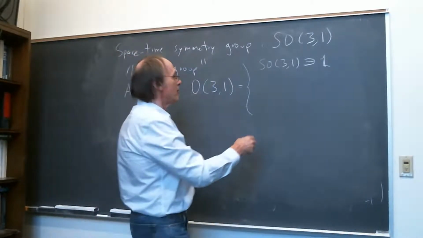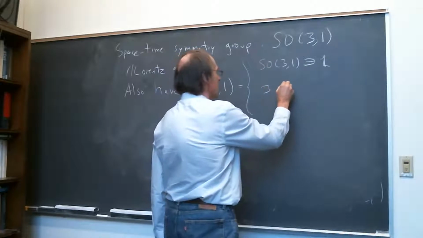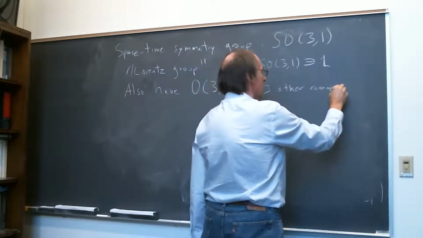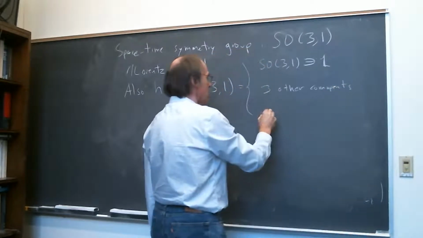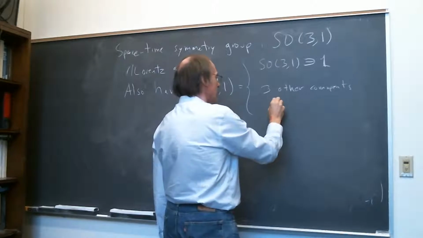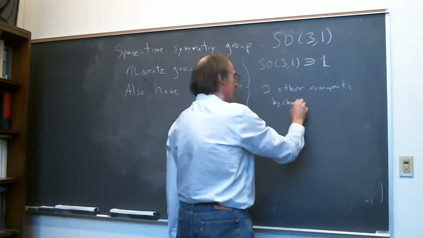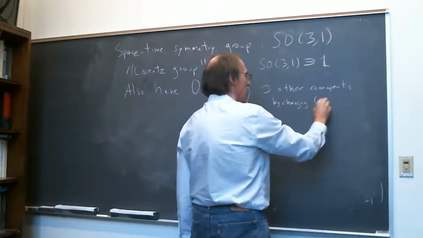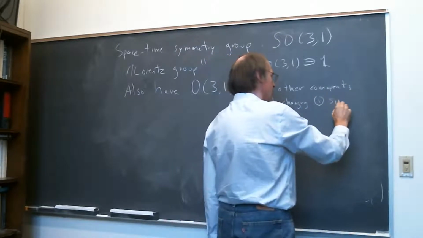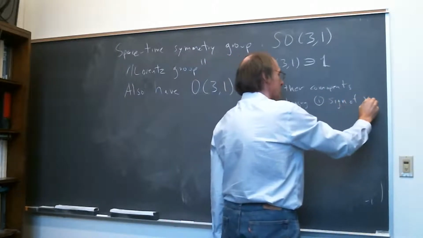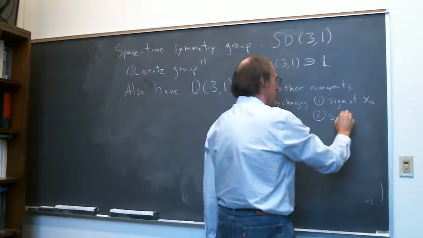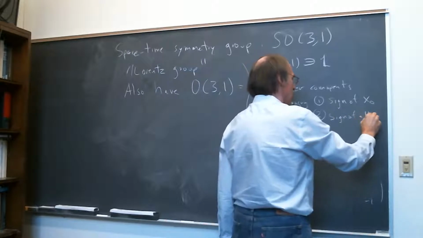So you get 3 other components, because you change the sign of time, X0, if you like, or all X.